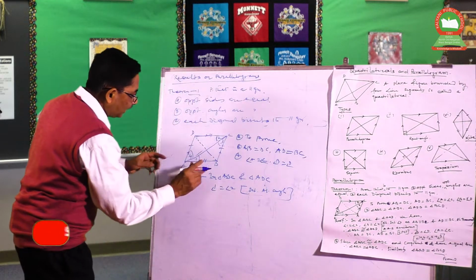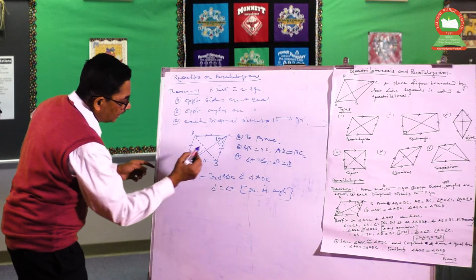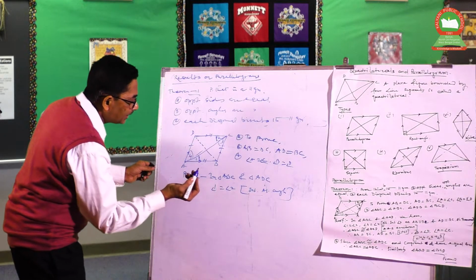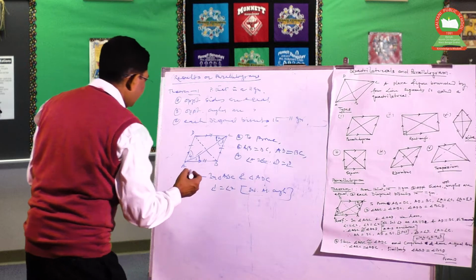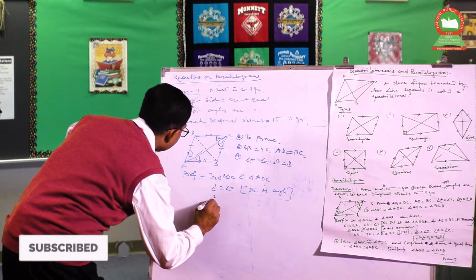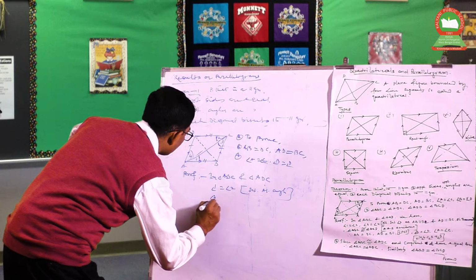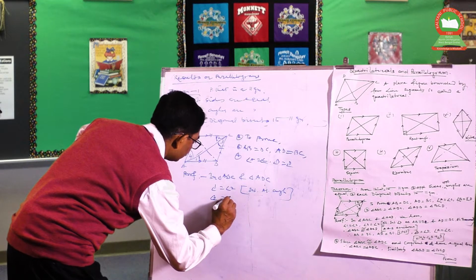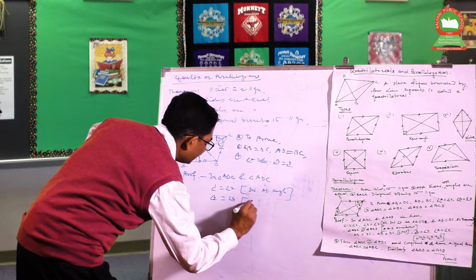So if this is parallel to this and this is a transversal, then this angle equals this angle, these are interior alternate angles. And angle 3 is also equal to angle 4, for the same reason.